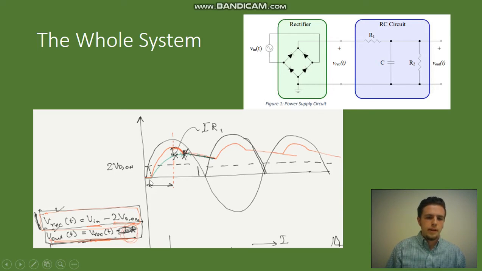Therefore, at the beginning when the diode turns on and crests, and then the capacitor starts to discharge, this one, because it varies with time, will actually merge, and your Vrec will equal your Vout as the capacitor discharges.